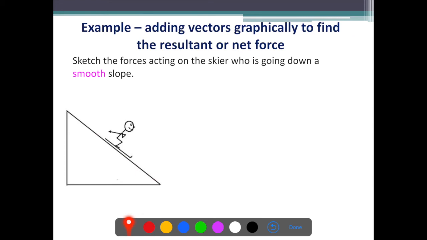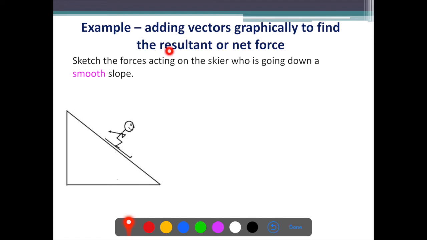Okay, let's look at this example to see how we add vectors graphically to find the resultant or net force. There is a skier who is going down a smooth slope, and we want to find the overall effect of all the forces that are acting on the skier.